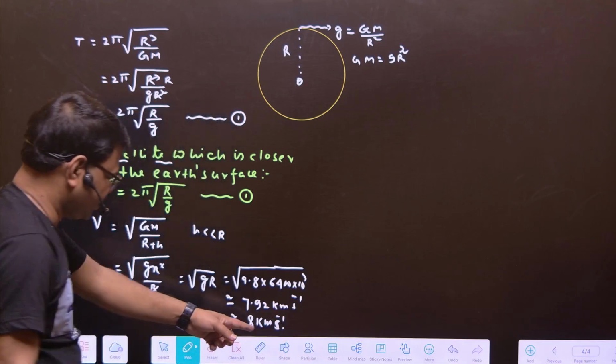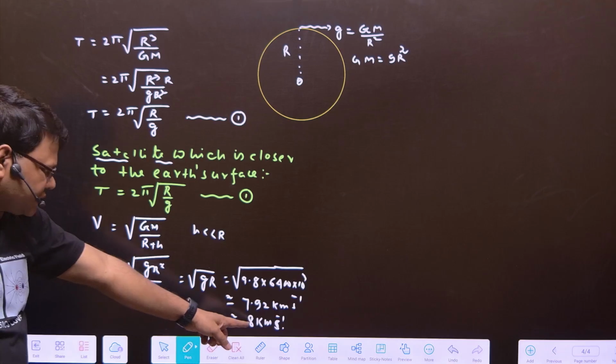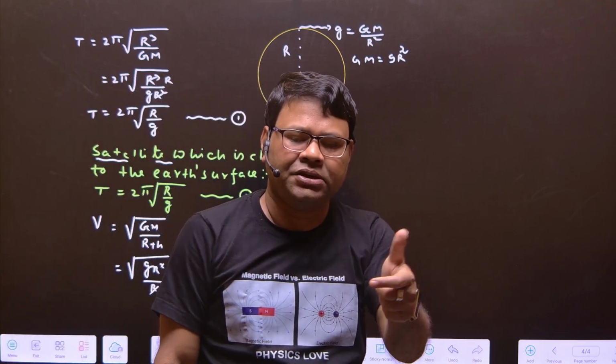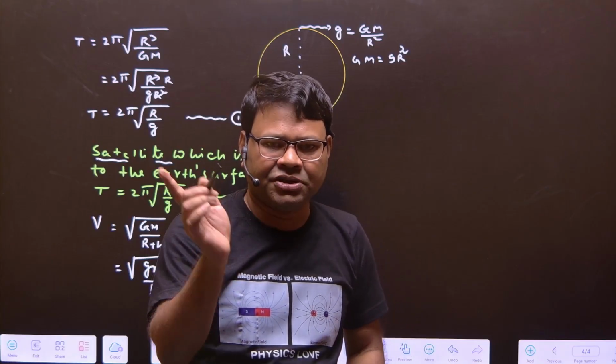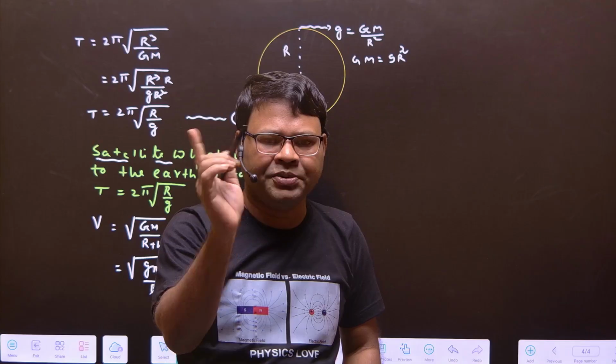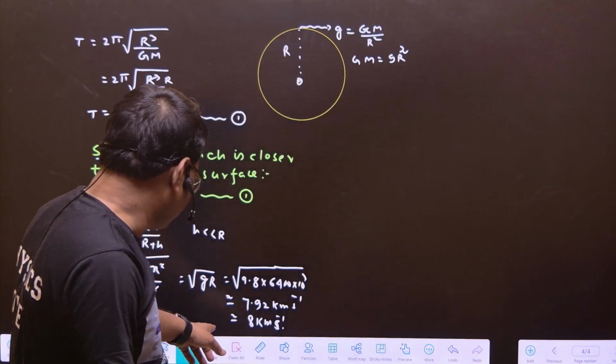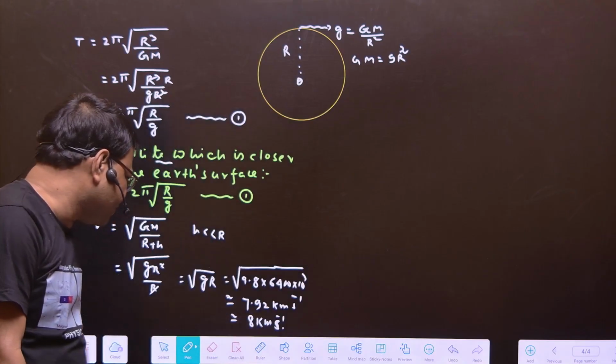Huge speed. For a satellite closer to the Earth's surface, in 1 second, it will cover 8 kilometer distance. The satellite will travel 8 kilometer in 1 second, a huge amount of speed.